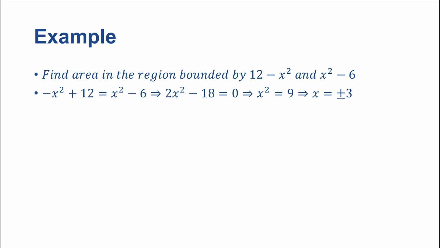Now let's take a look at a graph. Let's graph these functions, and we'll take a peek at what our region looks like. All right, there's our coordinate axis. For the first graph, let's do 12 minus x squared. I like looking at it in this way because this shows us immediately that our parabola is going to be opening downwards.